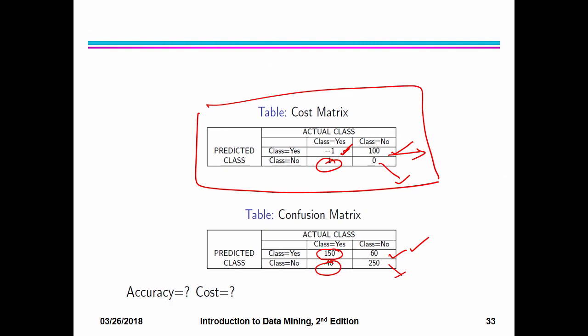How do you find it? Simply multiply the cost with the number of objects present in each individual entity like false positive, true positive, true negative and so on. So, it should be 150 into -1 plus 100 into 60 plus 40 into 1 plus 250 into 0, because it does not have any value. So, this will be the total cost.